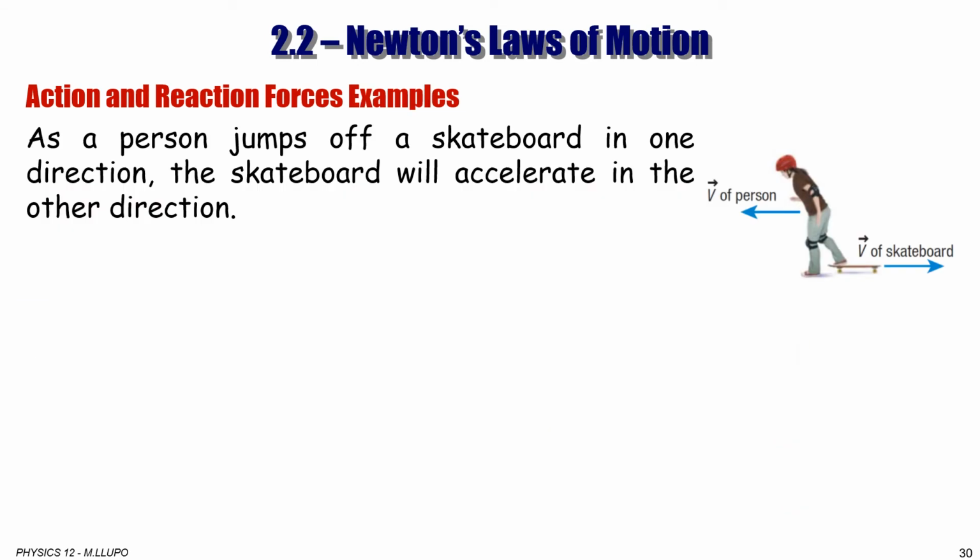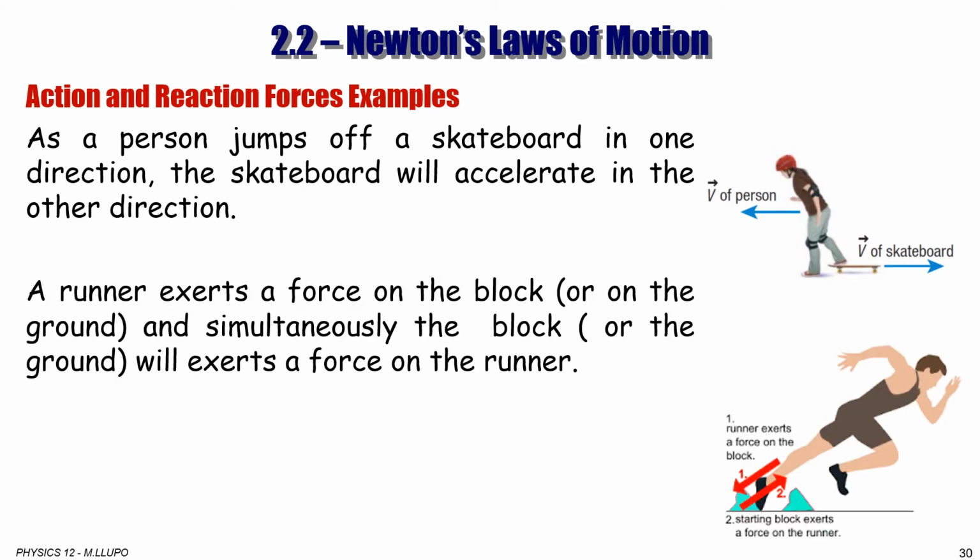Here are some more examples of Newton's third law, or action-reaction. A person pushes the skateboard, and the skateboard in return pushes the person forward to jump off the skateboard. Or you may have noticed in short running races, like 100 meter or 200 meter, athletes always use a starting block.